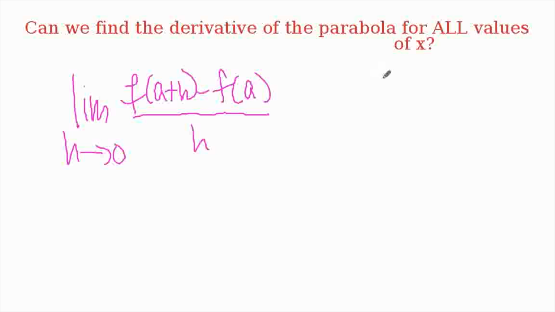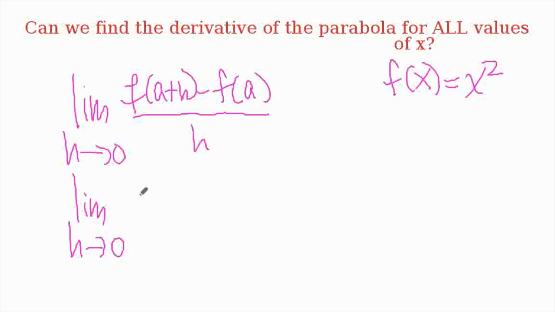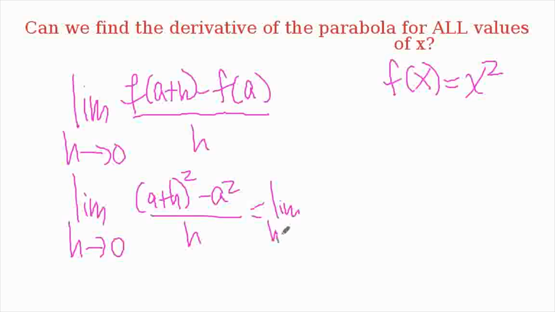Okay, where f of x is equal to x squared. So this is going to give the limit as h approaches 0 of (a plus h) squared minus a squared over h, and so that equals the limit as h approaches 0 of a squared plus 2ah plus h squared minus a squared over h.